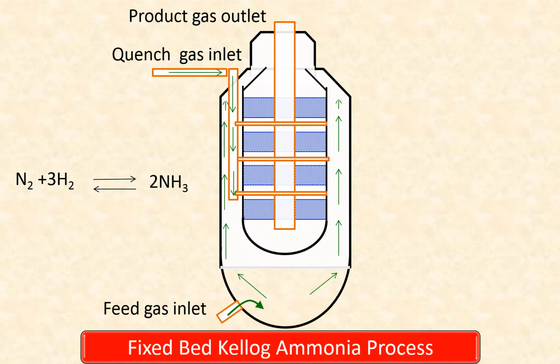Illustrated in this figure is a vertical reactor, a fixed bed Kellogg ammonia synthesis process. This is a 4-bed catalytic process with a downflow.